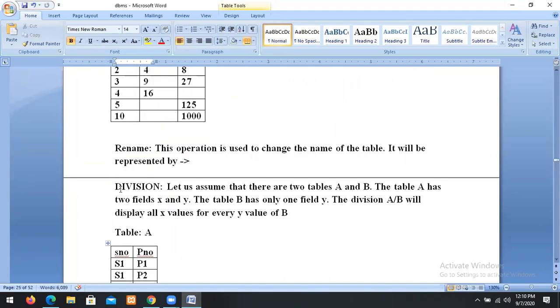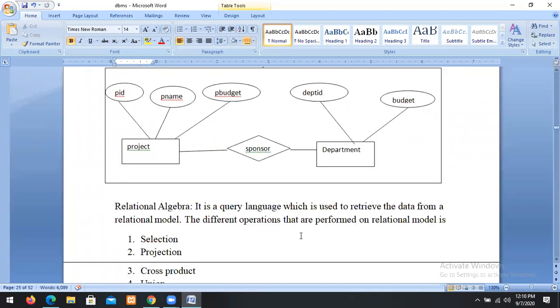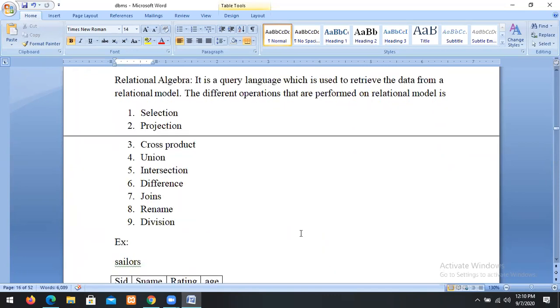Like this, we have the relational operators. This is called relational algebra. What is relational algebra? It is a query language which is used to retrieve the data from a relational model, or a table.